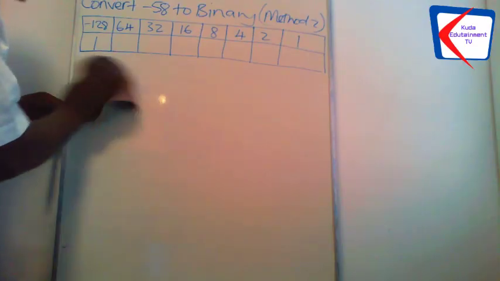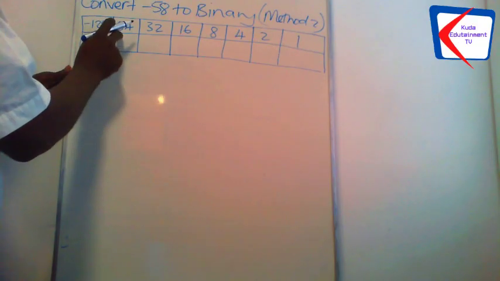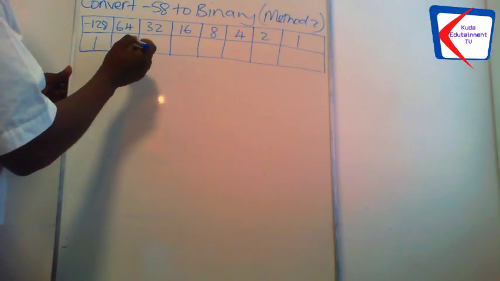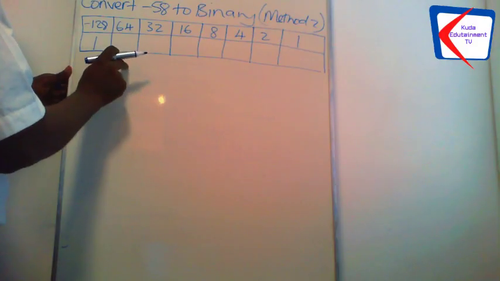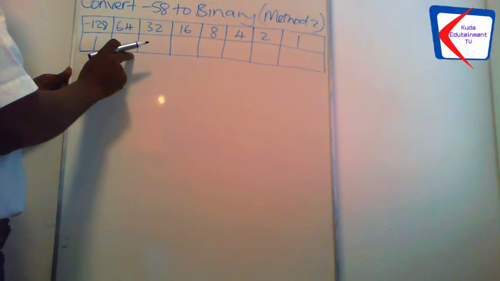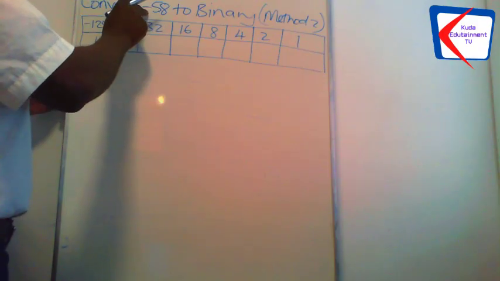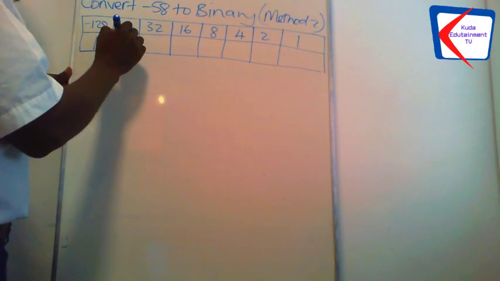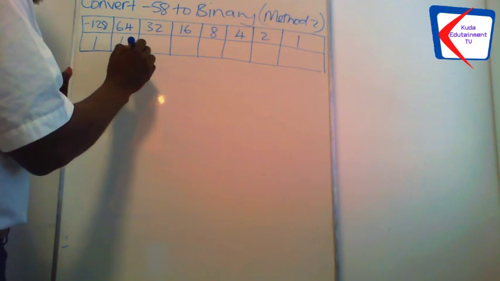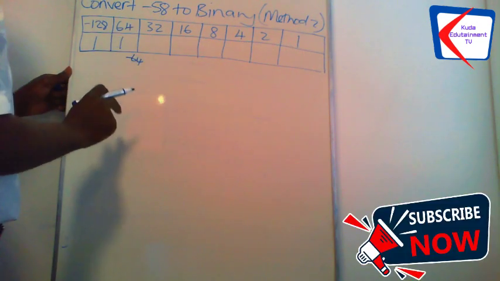So negative 128 plus 64 will give us negative 64. Negative 64 is still less than negative 58, so therefore we switch on 64. Now, negative 64 plus 32, what do we get?